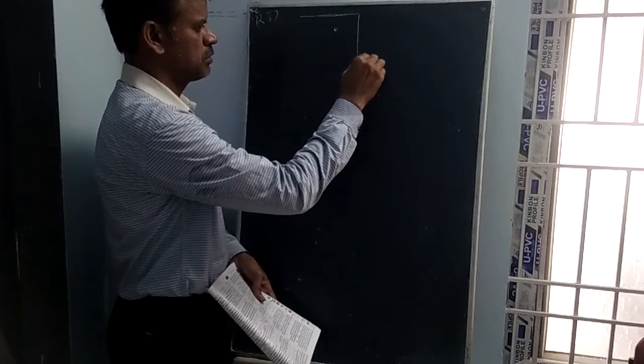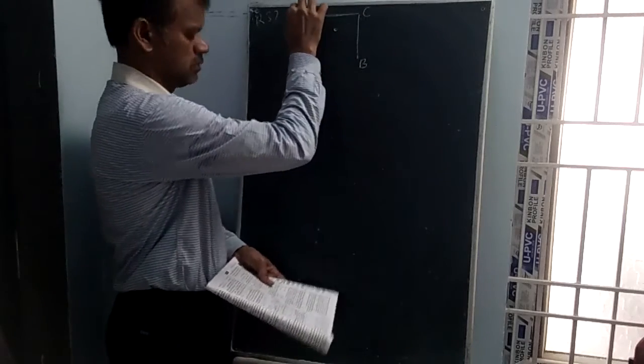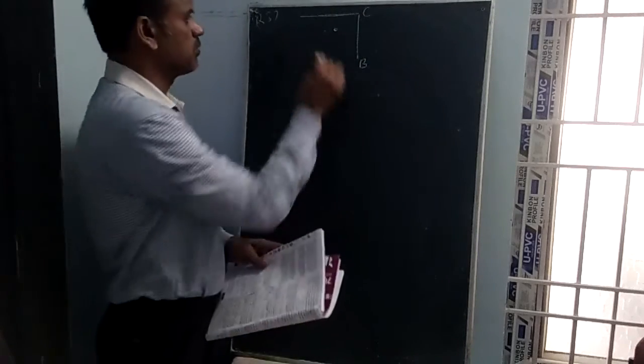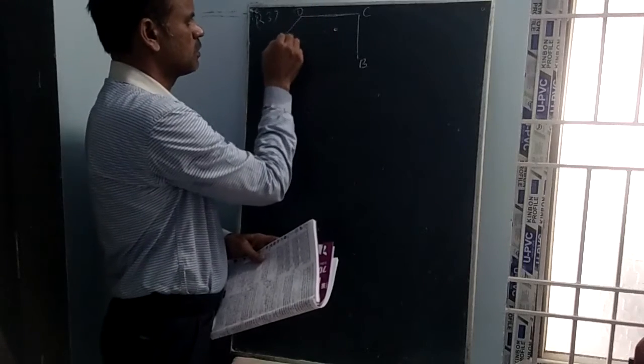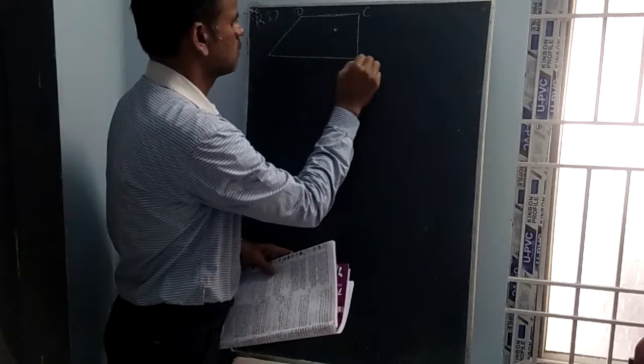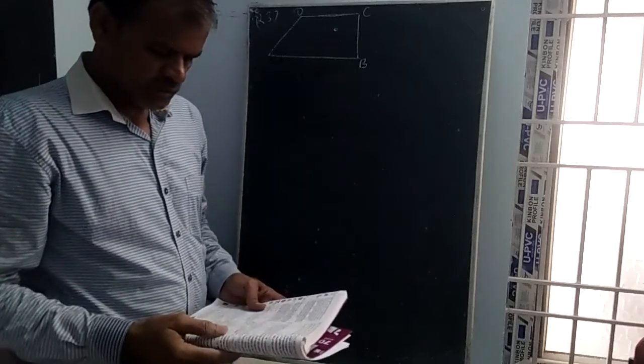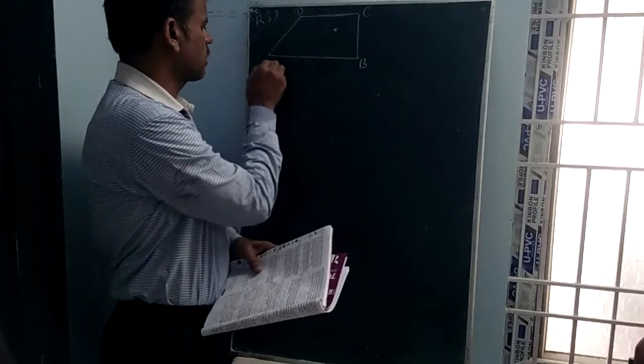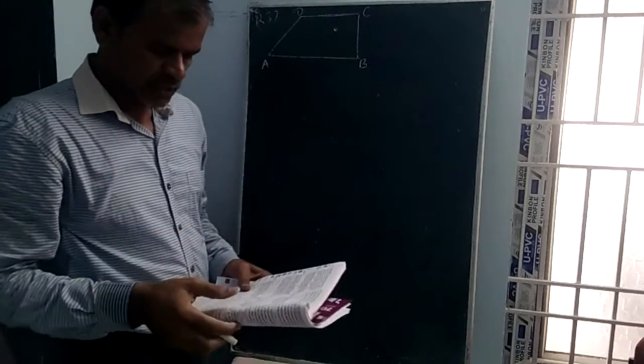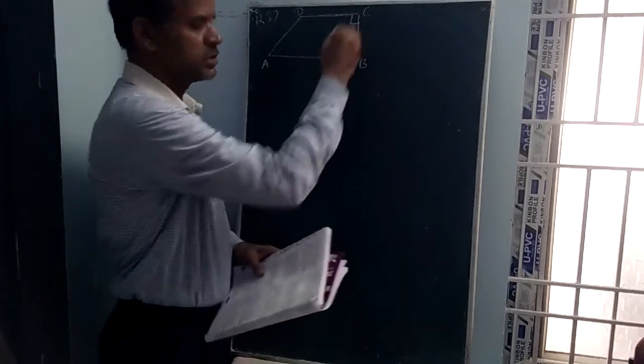This is B, this is C, this is D. Draw like this. AB and CD are parallel, this is AB, this is CD. And BC is perpendicular to CD. This is BC, this is CD.